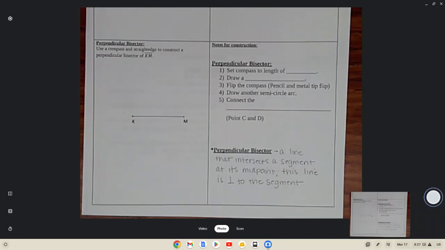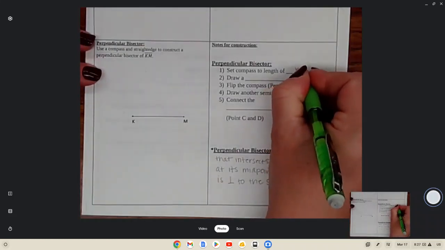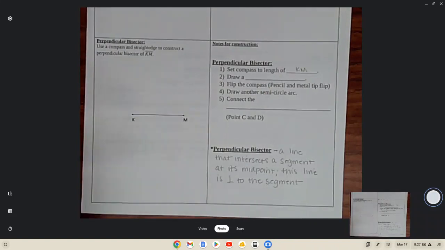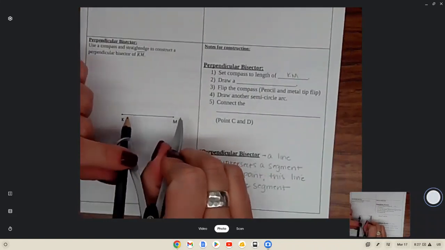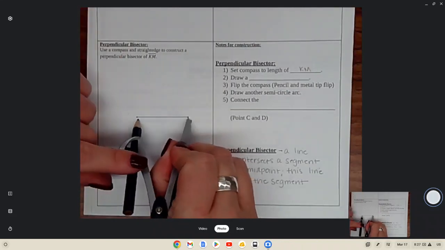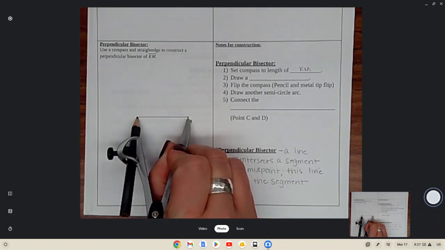Okay, step 1, set compass to the length of KM. So here's KM here. So I'm going to put my pin on one end. I'm going to put my pencil on the other end. Like that. Okay.